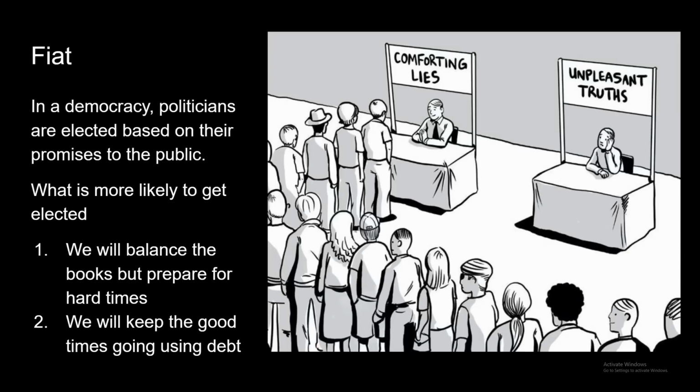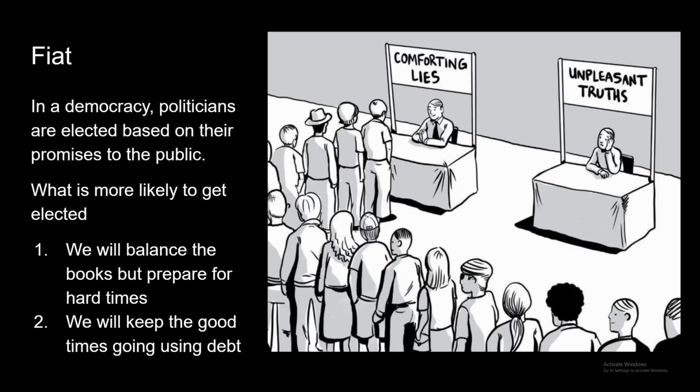And so now we're going to have a look at the game theory and incentives of fiat. Now fiat has perverse incentives because in a democracy, politicians are elected based on their promises to the public. So what is the situation which is more likely to be elected? The politician who is promising we are going to balance the books, reduce debt and be fiscally responsible, but prepare for hard times, and all those social programs that have been funded are no longer going to be funded?